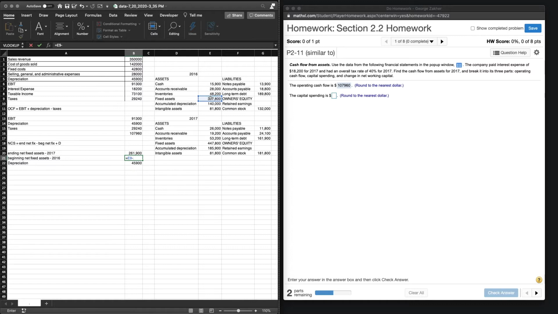Now that we have these three values, we can figure out our net capital spending. We're going to be subtracting the difference between our ending and our beginning, and then we're going to add our depreciation. It looks like it's 80,000.